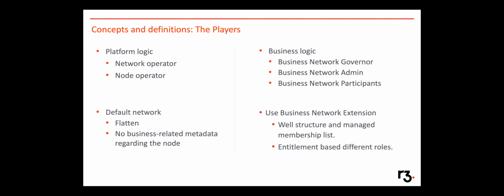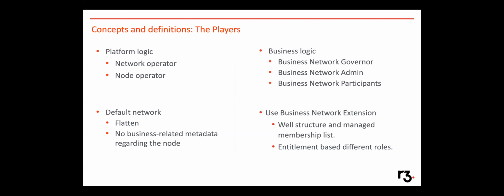Okay, so with the SDK, what you can achieve is you can actually have business logic. You can have the business network governor, the business network admin, the business network participant. Segregate is a bad word to use, but you can assign different roles, different responsibilities, and different permissions to each node of your network.